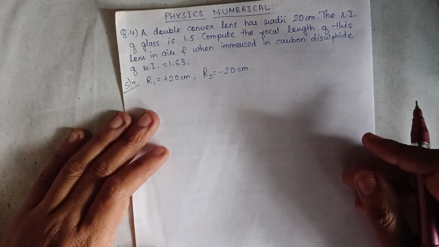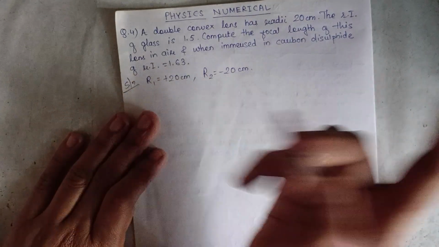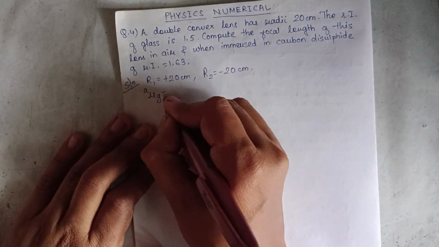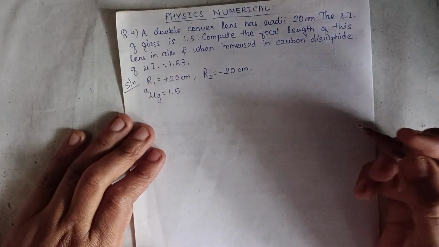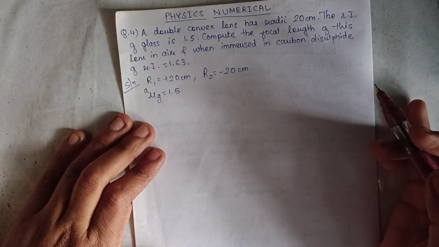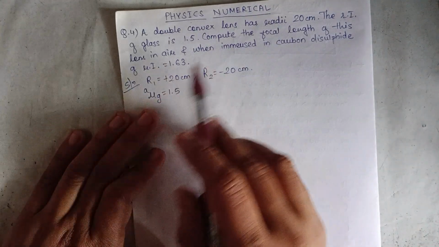Then the refractive index of glass is given with respect to air, 1.5. Compute the focal length of this lens in air. So first you have to find the focal length in air.